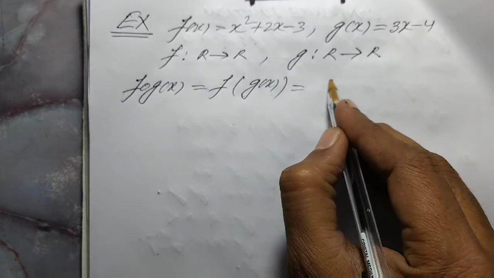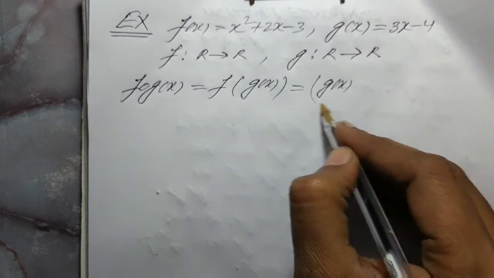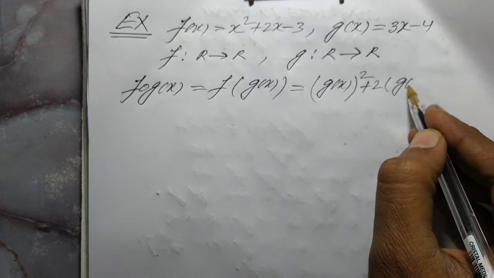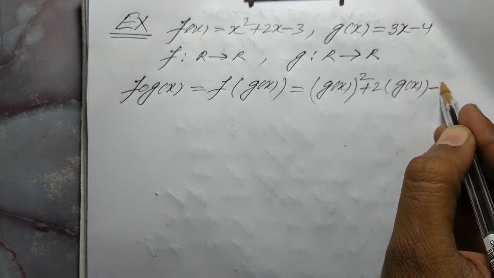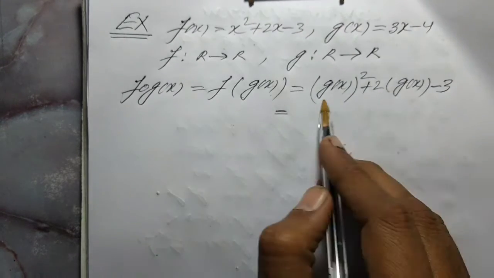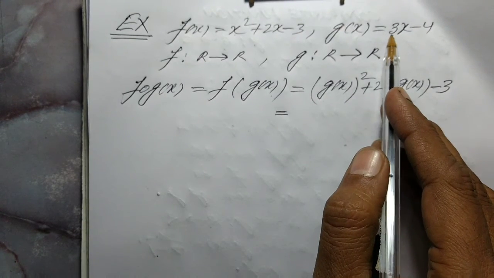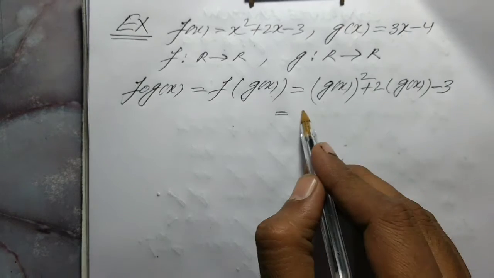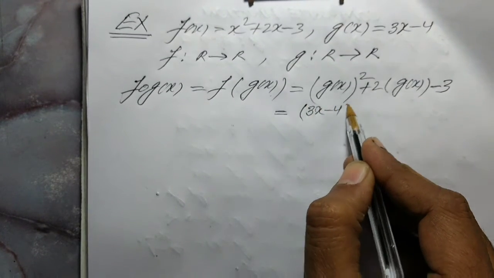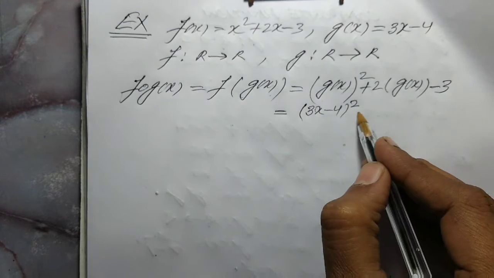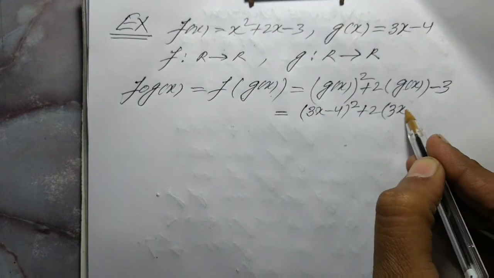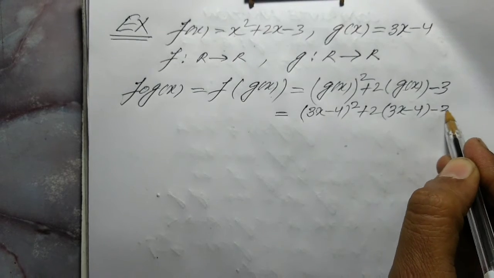So now first fog(x), which may be written as f of g(x). So here in f(x) we need to replace x by g(x), we get g(x) whole square plus 2g(x) minus 3. Now we have to substitute for g(x). g(x) is equal to 3x minus 4. So 3x minus 4 whole square plus 2 into 3x minus 4 minus 3.